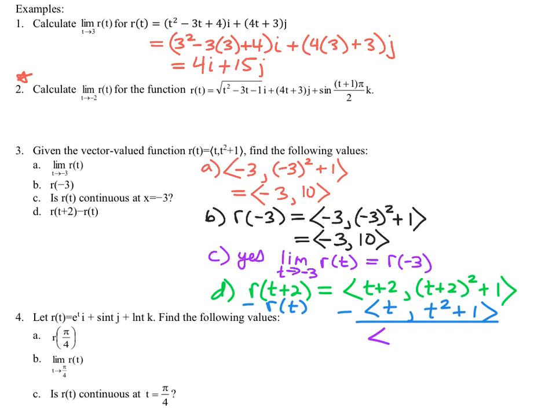When you simplify, you get 2 comma t plus 2 squared minus t squared. Now you can clean that up if you want, but it's not really necessary. It's really just getting at the idea that not only can you substitute numerical values into a vector valued function, you can substitute expressions in.